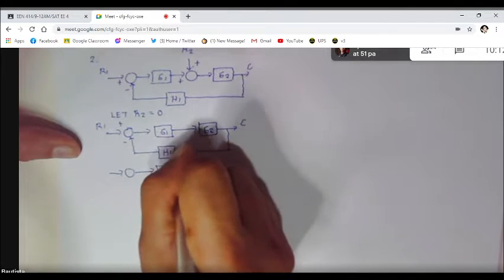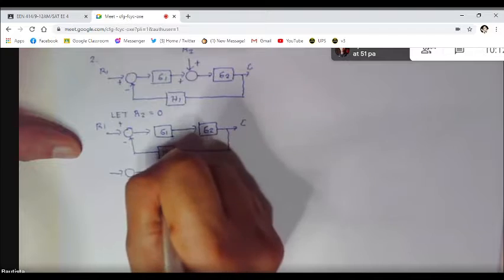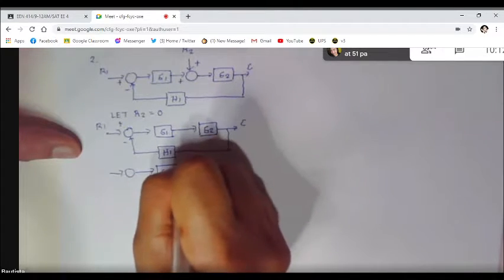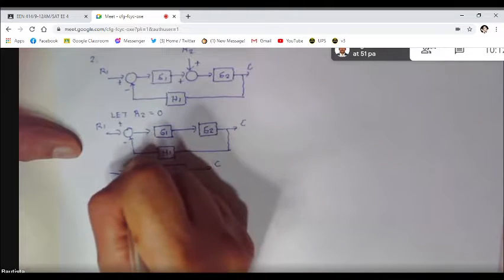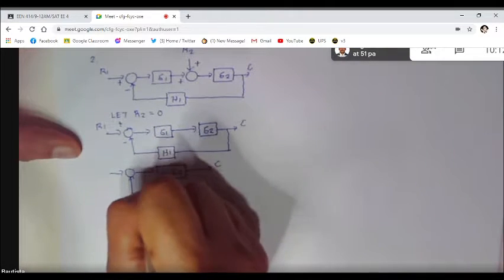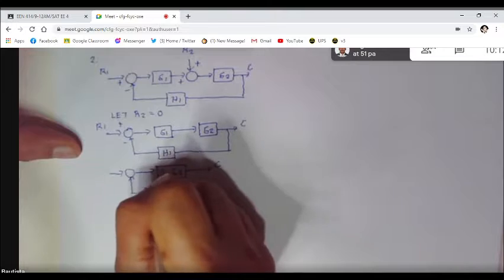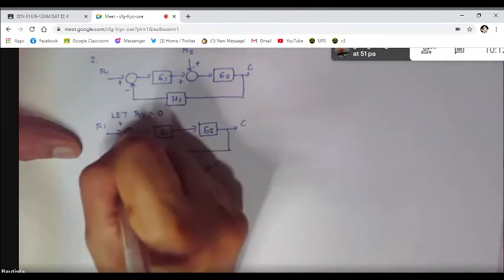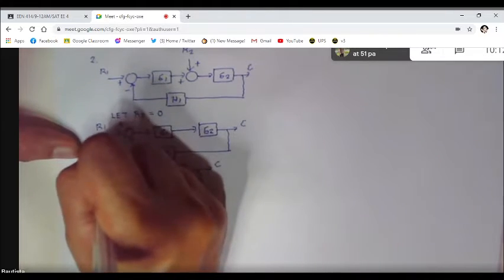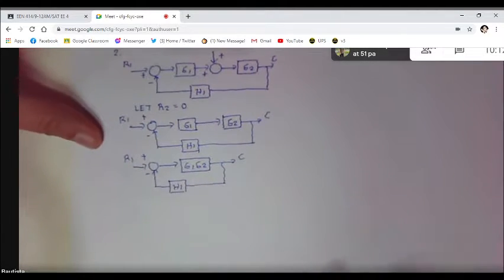So, you have G1, G2. Okay? So, you have C. So, ito pa rin yung feedback, H1. Okay? Ayan, ganyan, no? So, you have positive, negative, R1. Okay? Oh, so, standard form na yan.